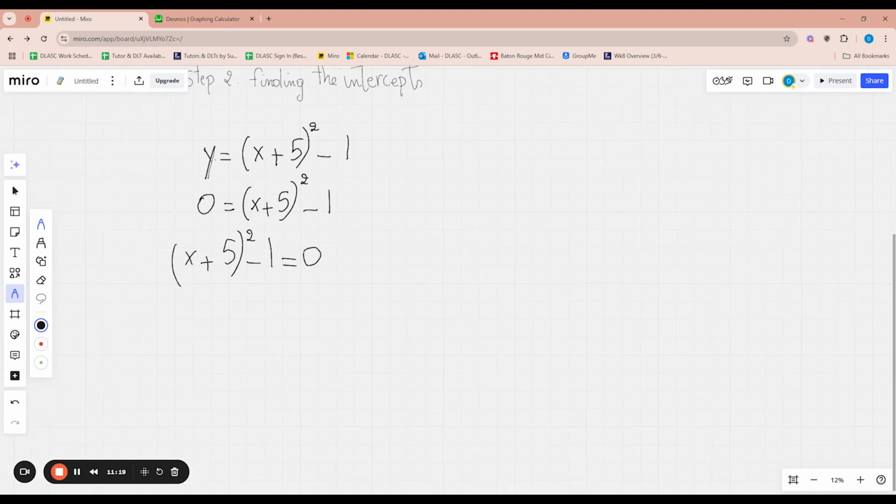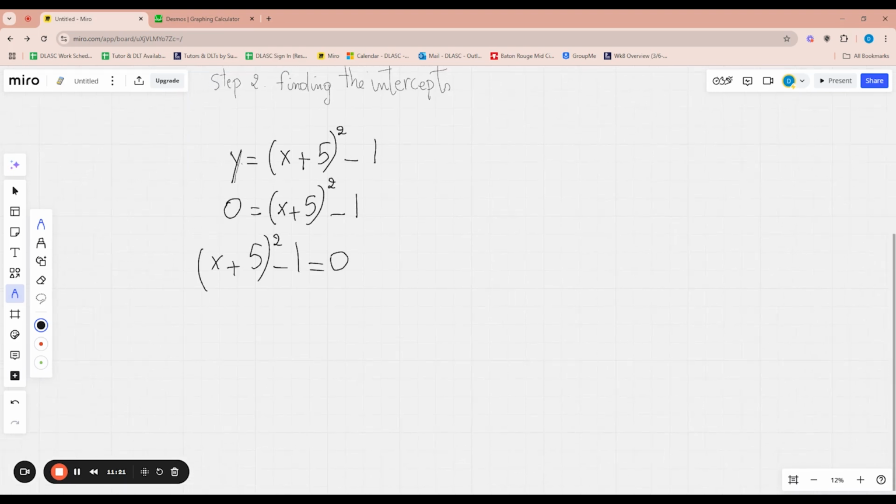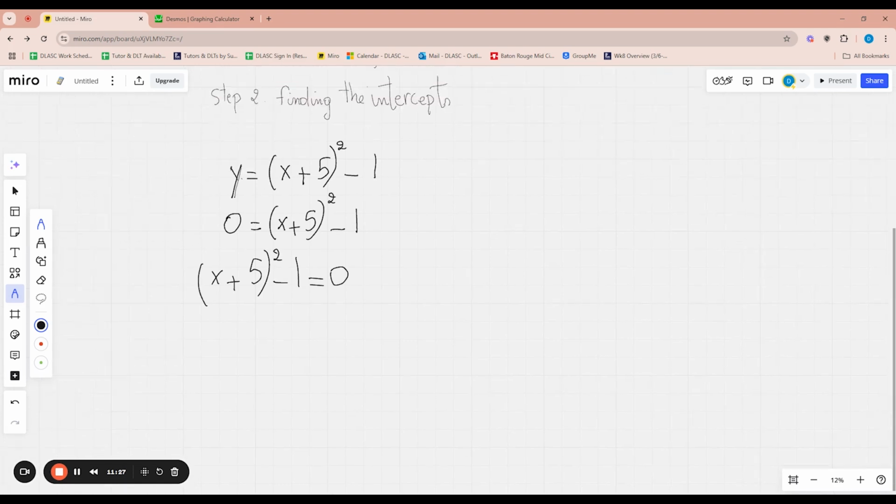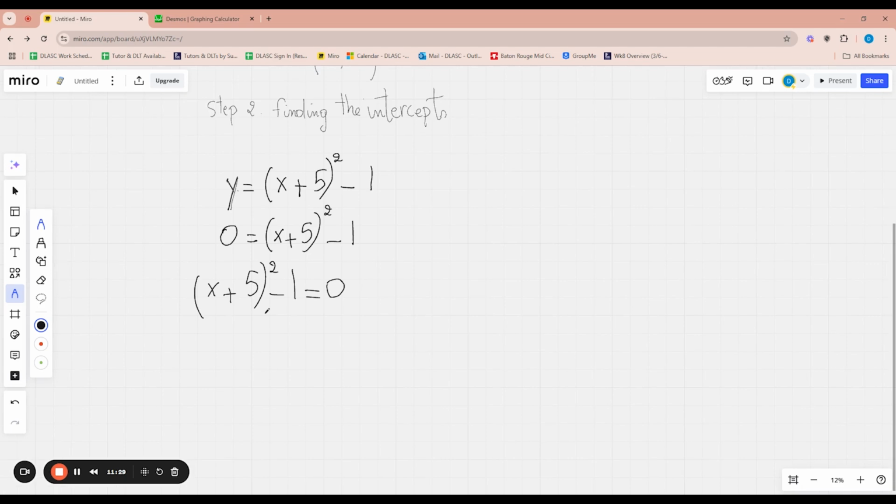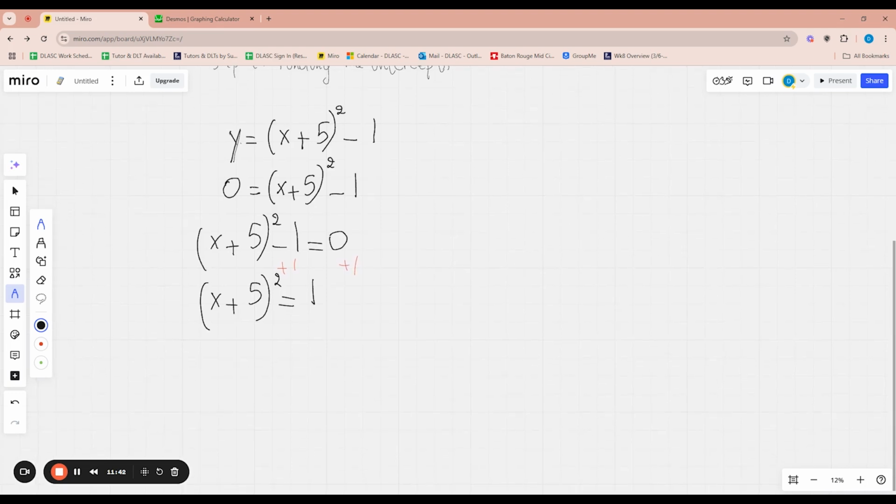So we need to solve for x by first adding 1 to both sides. We add 1 here and 1 here, and that gives us (x + 5)^2 = 1.